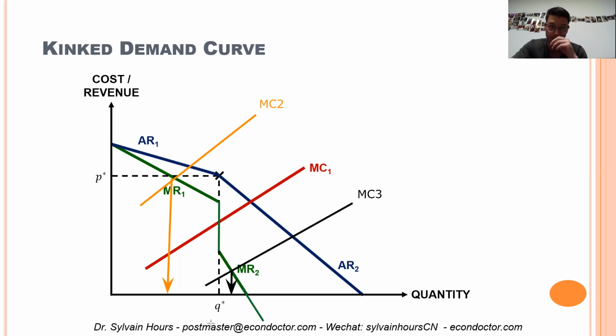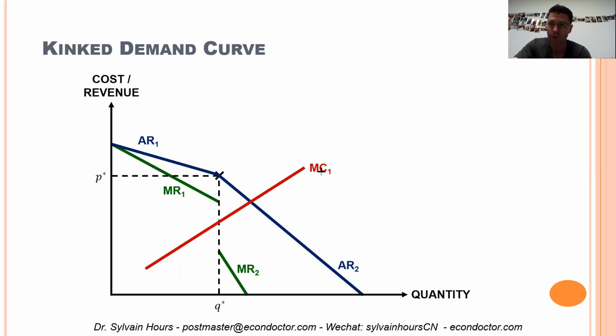So we can justify that Q star is indeed the pre-established equilibrium. So if you want to graph the MR curve and the marginal cost curve, make sure that you make it go through the jump discontinuity over here. And now we can prove that the firm will not have an incentive to change its price. You see, it's not very complicated to justify it.